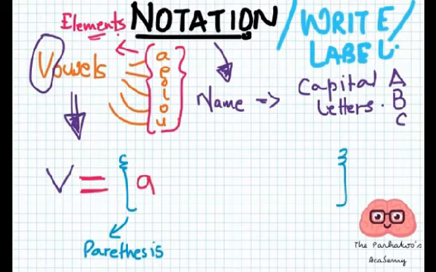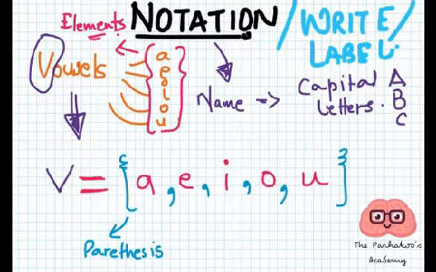So let's write it: A, E, I, O, U. And these are separated by commas. This is the very basic way of writing a set. This is the name of the set, these are the elements, and these are the parentheses. So this is how we write a set.